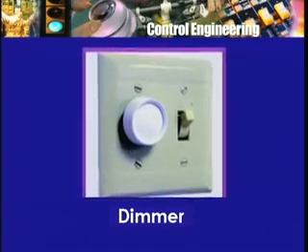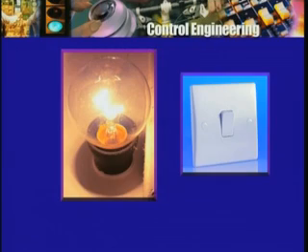The lights are gradually dimmed or gradually made bright. So this illumination control is a big area. But the simplest example of that is our ordinary light with a switch. Of course, when you have lights which can be dimmed, then the control is not simply on-off, and we'll see more of such things a little later.